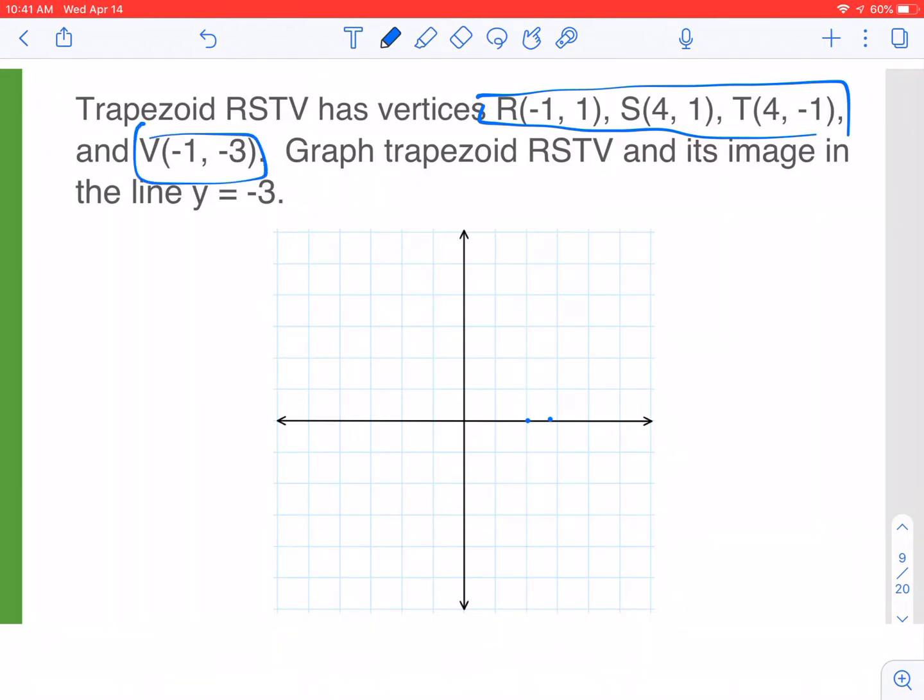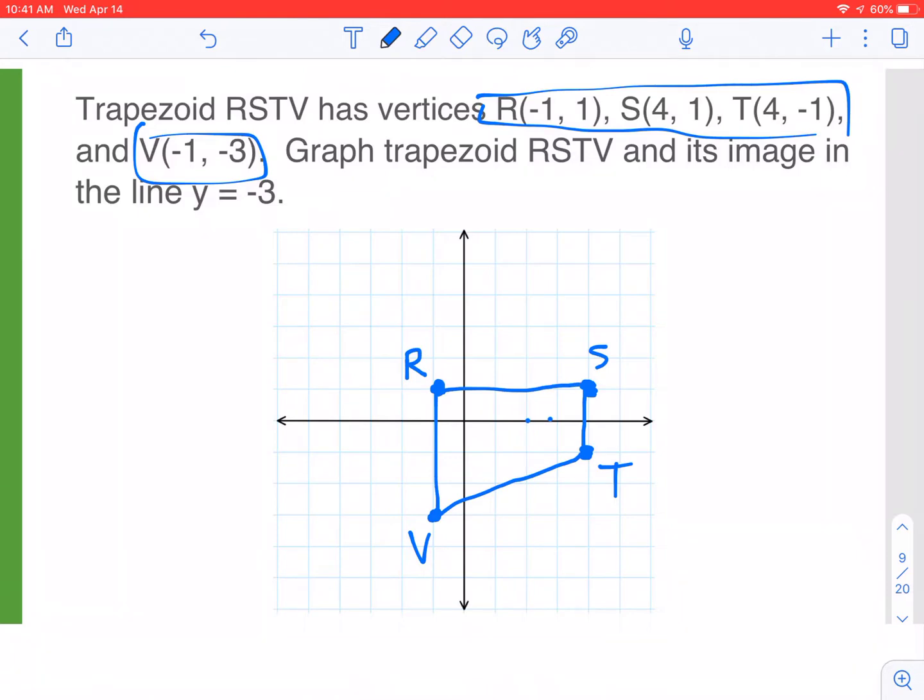So -1, 1, that's R. 4, 1 is S. 4, -1 is T. And -1, 1, 2, 3, -3 is V. And then we're going to connect the dots.